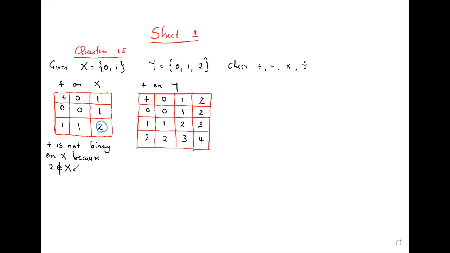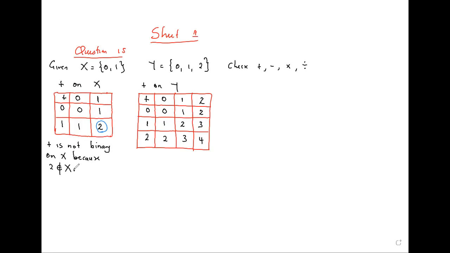Whatever we do to these numbers using plus, we should be getting a number that is in X. But in this case, you add 1 plus 1, 1 is in X. When you add them, you get 2. 2 is not in X. So then plus is not a binary operation on X.